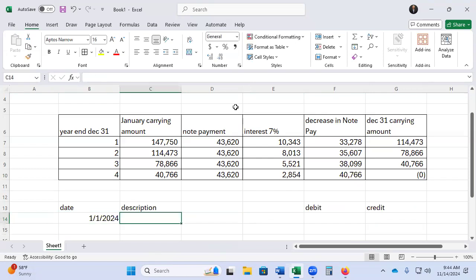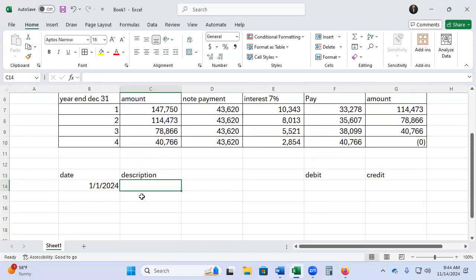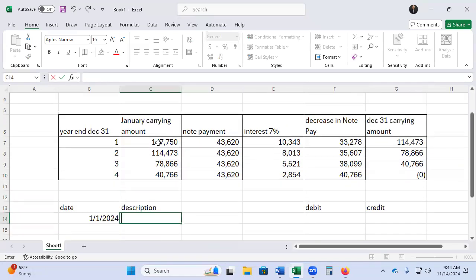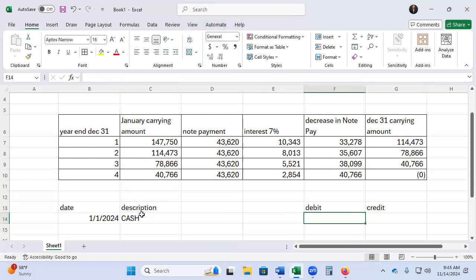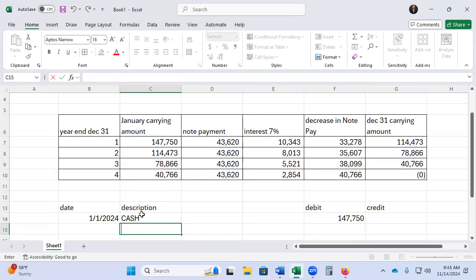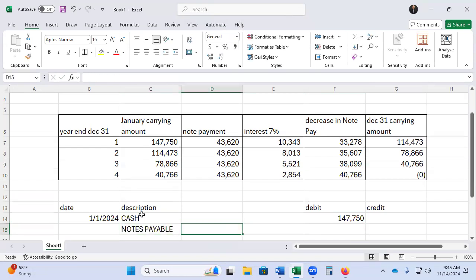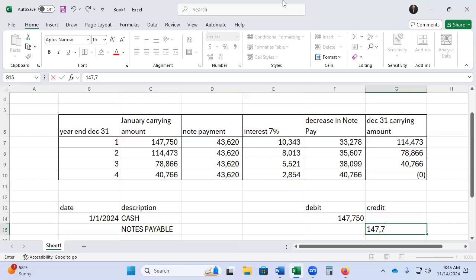We'll use 24 as the year. The description is cash. Wait, hold on. What did we get here? Was it just a loan? Yeah. Okay, so we got cash for 147,750, and our credit is to notes payable for 147,750.